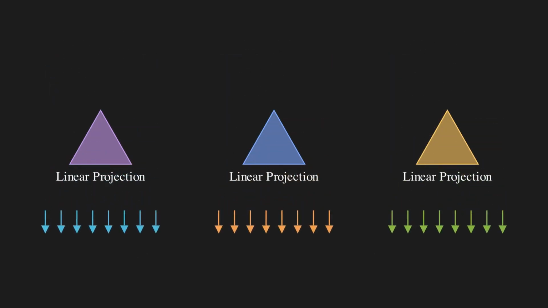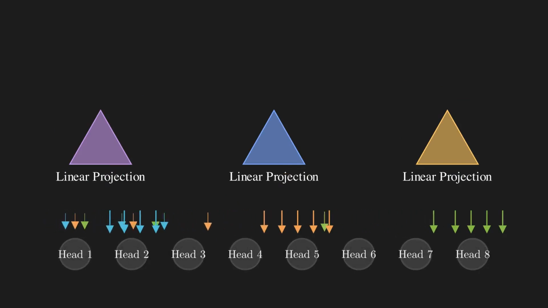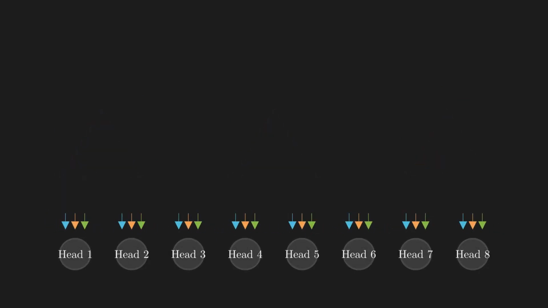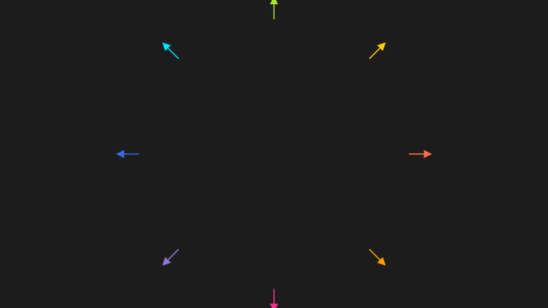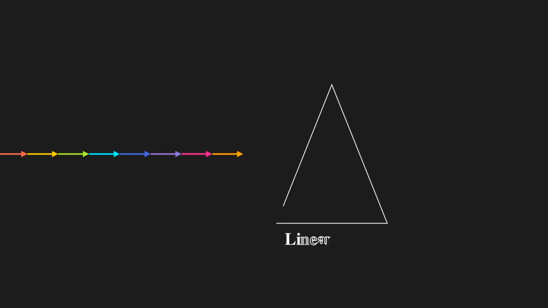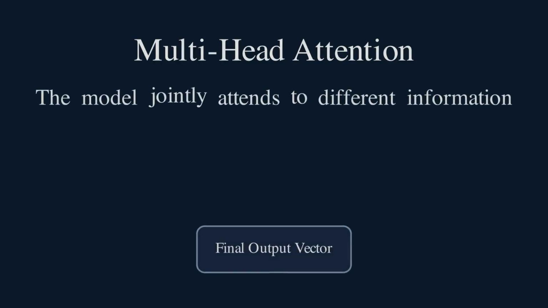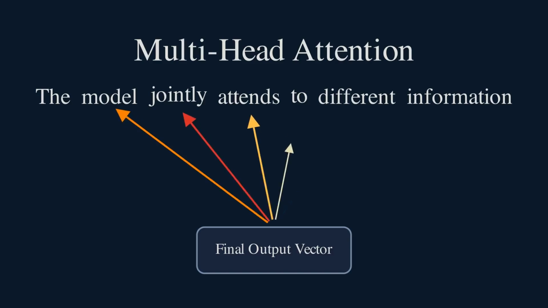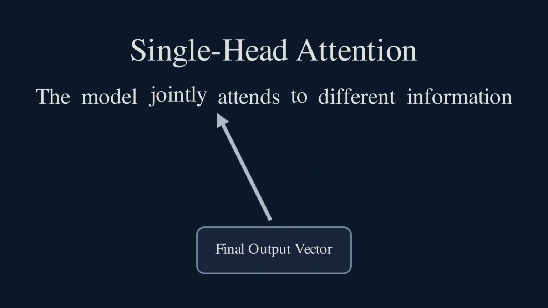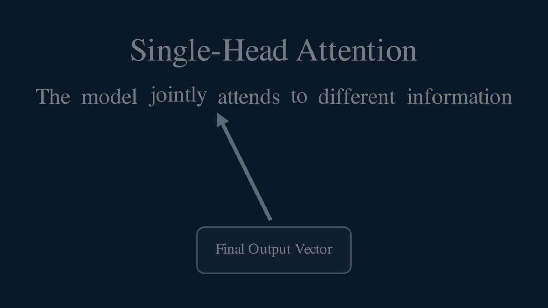They each perform the scaled dot product attention in parallel, focusing on a different aspect of the sentence. After they are done, their outputs are concatenated and projected one last time to produce the final result. This allows the model to jointly attend to information from different representation subspaces. With just a single attention head, this fine-grained focus would be lost due to averaging.